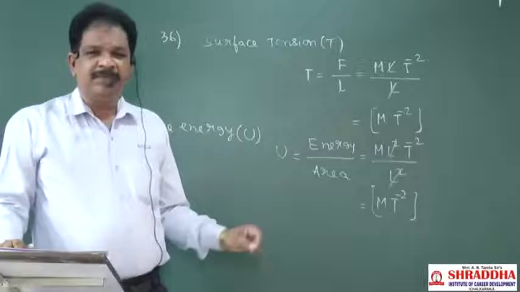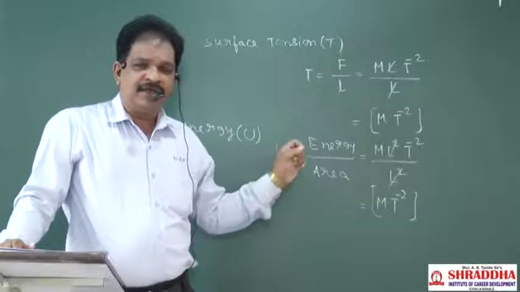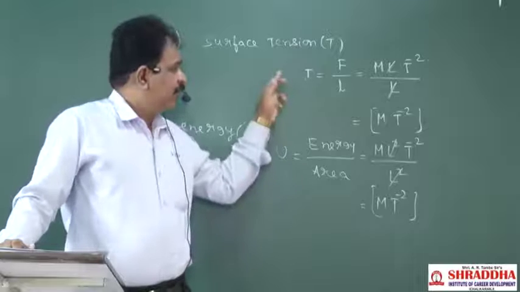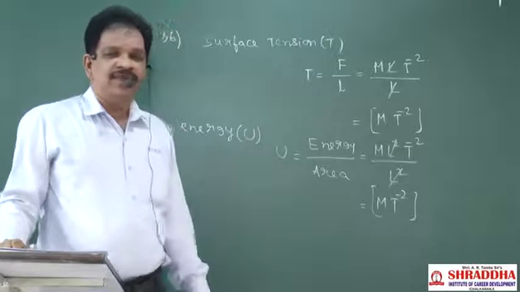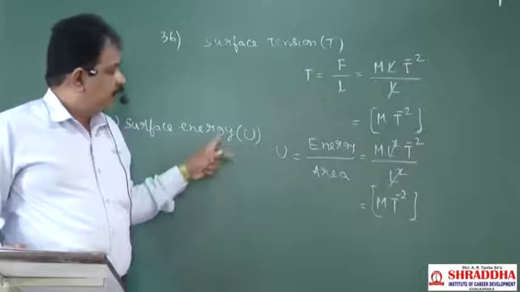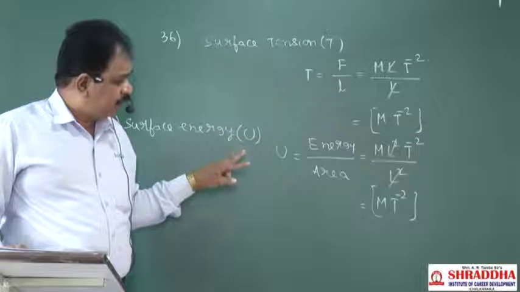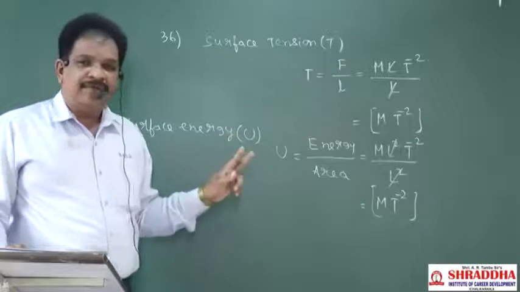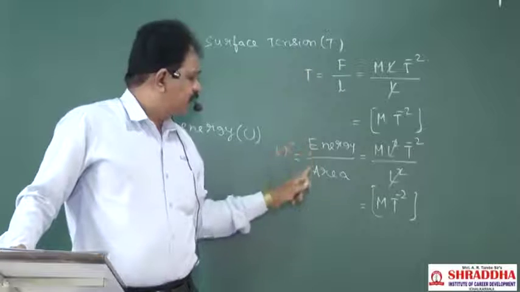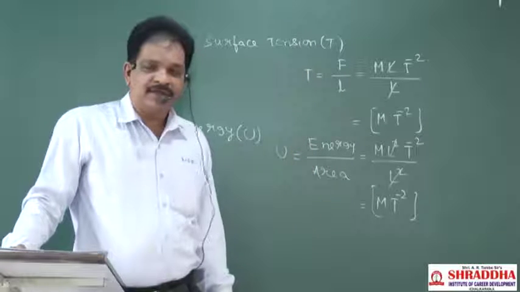How will the questions be? Write the dimensional formula of surface energy. Write the dimensional formula of surface tension. Clear? Next: name two different physical quantities having the same dimensional formula. Surface tension and surface energy.